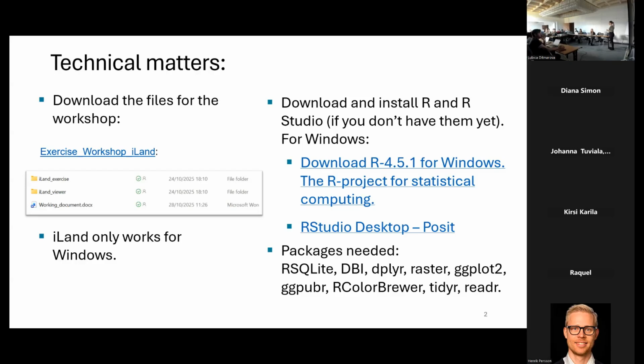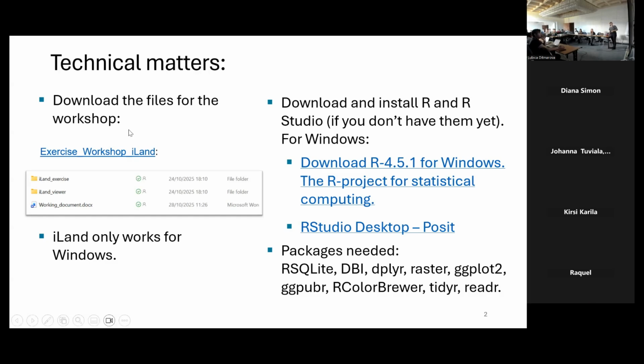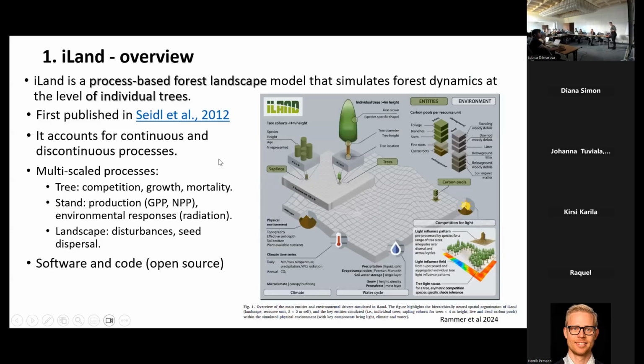Okay, so then we can start with the iLand introduction. As I mentioned before, iLand is a process-based model that was built to simulate interactions between forest dynamics, climate change, disturbances, and management.